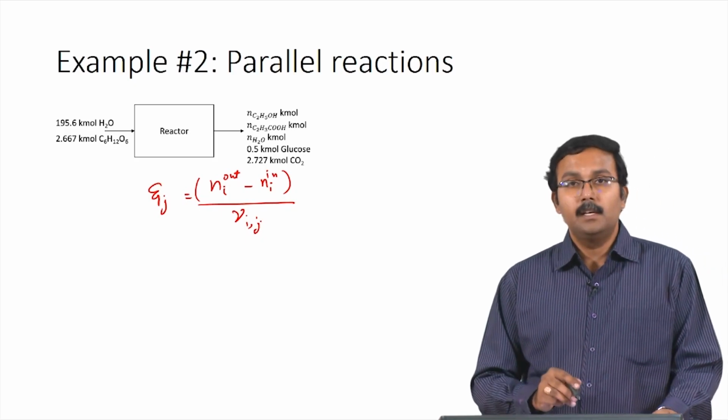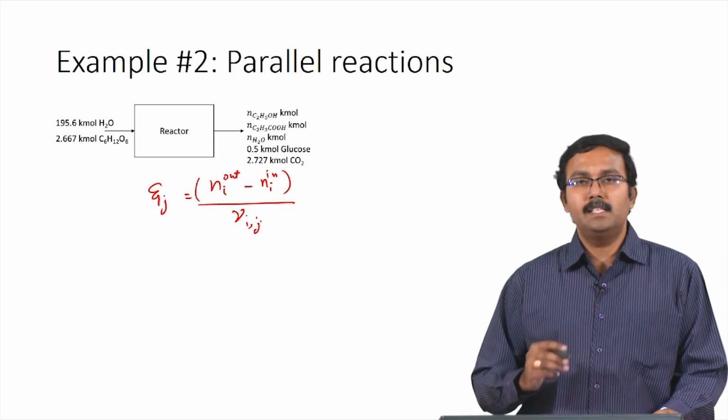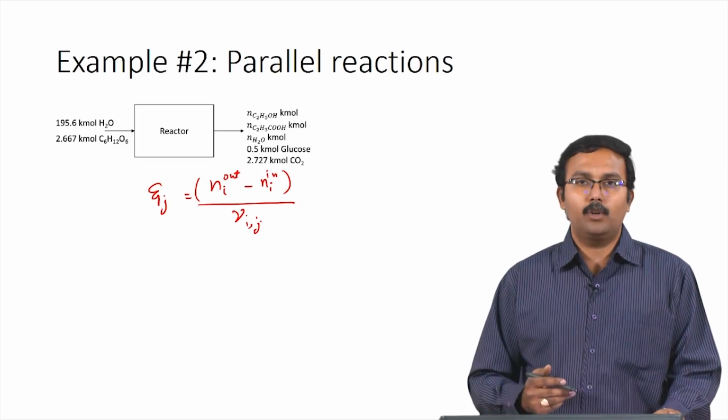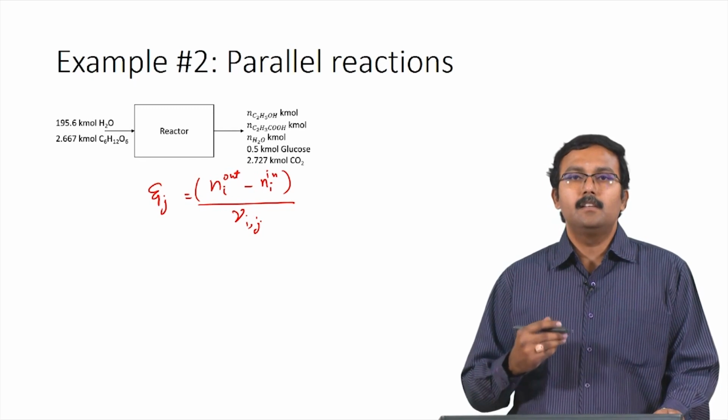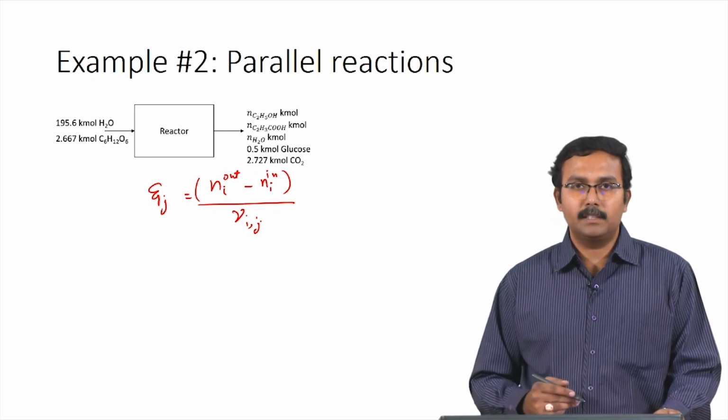So, this is basically a representation of the change in the number of moles of a particular component during the reaction divided by the stoichiometric coefficient of that particular reaction.